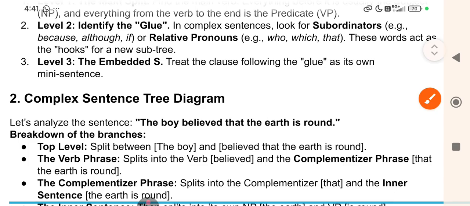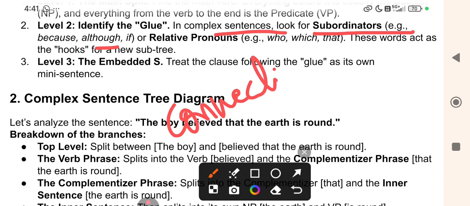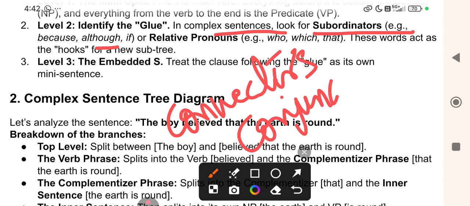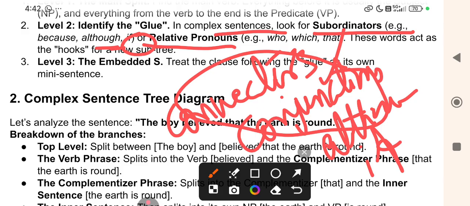Then level 2, identify the glue. In complex sentences, look for subordinators, also called connectors or conjunctions. Examples are though, although, if, whether. It is either a conjunction or a relative pronoun.